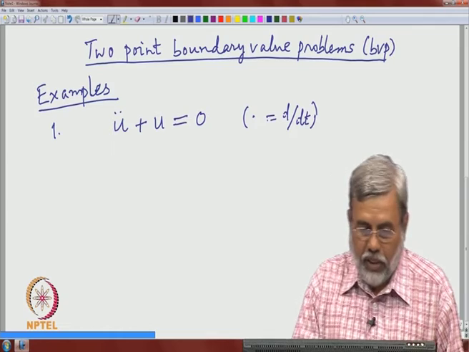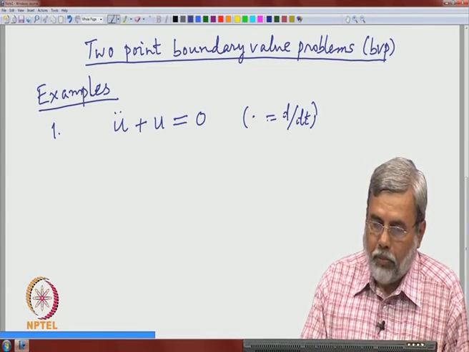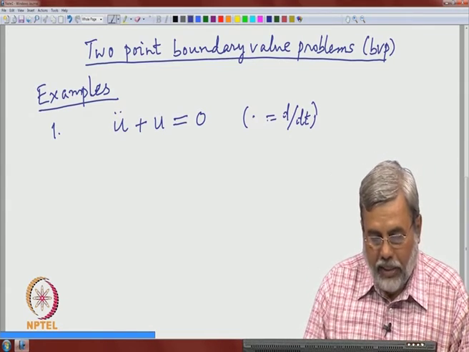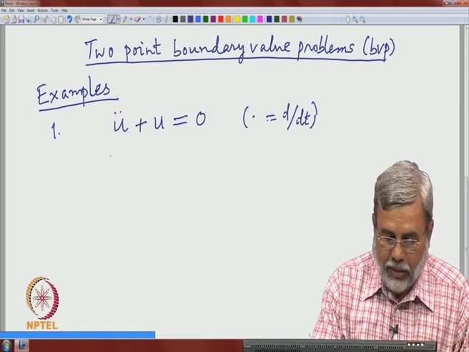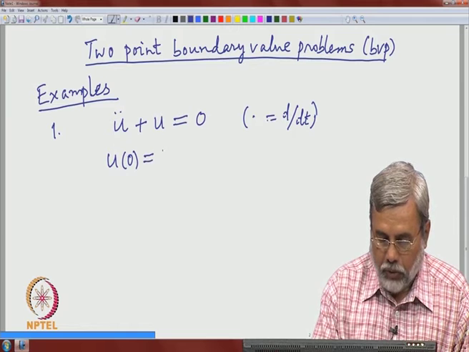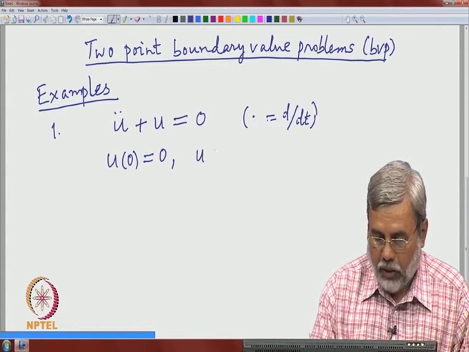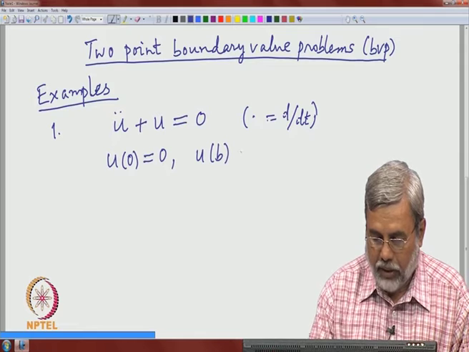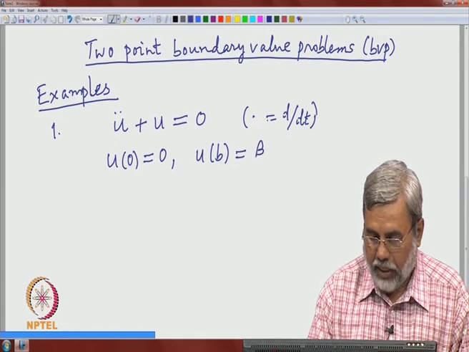Now, we are interested in 2-point boundary value problems. So, data is given at 2 points. So, for example, say u(0) is equal to 0 and u(b) is another point, say it is given as beta.